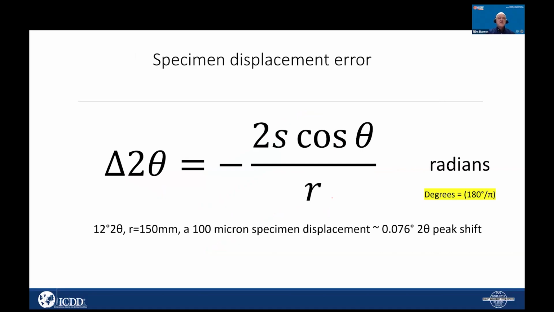There is an equation similar but a little bit different than the transparency. And here we're looking at our displacement as a function of angle, in this case theta instead of 2 theta.